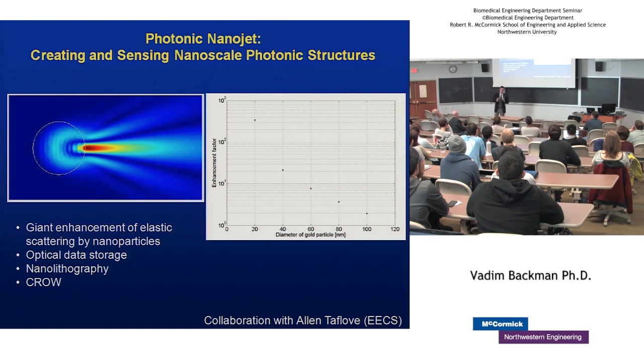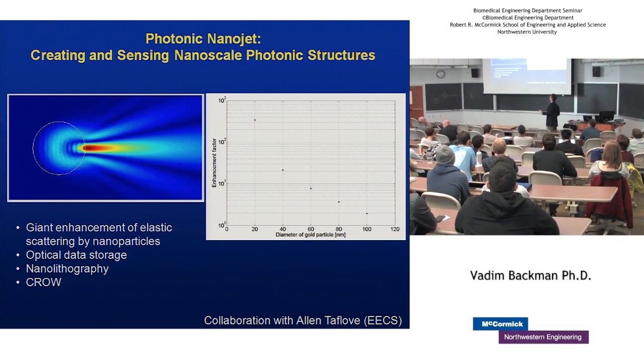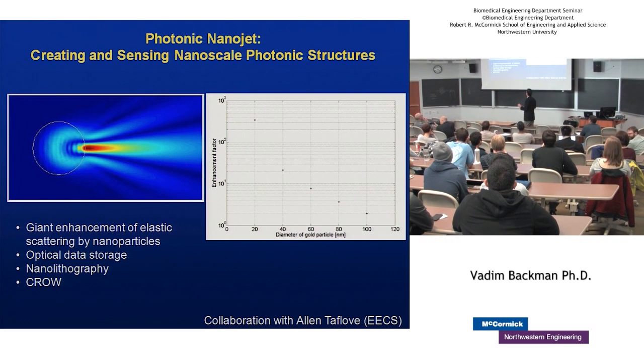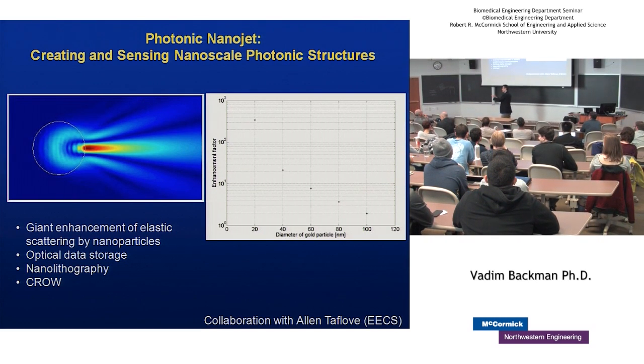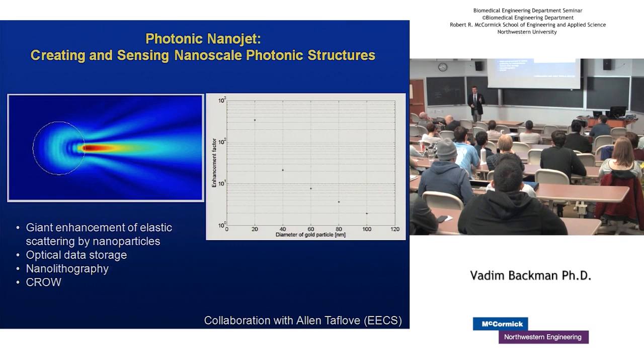I don't even understand some of the things that people are talking about. So the field has gone well beyond my understanding at this point. That happens sometimes. I was busy with other things. But basically, a nanojet is a subrefractive beam that is almost one-dimensional. It kind of propagates along the same direction for quite some time.